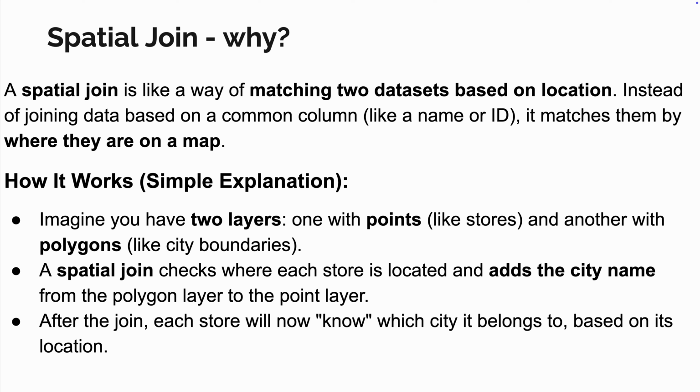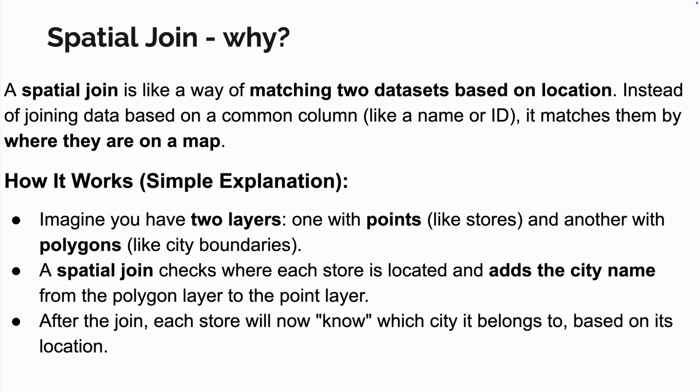Before, we joined those data based on the values in a common column. But a spatial join joins values based on location instead. It matches them by where they are on the map.